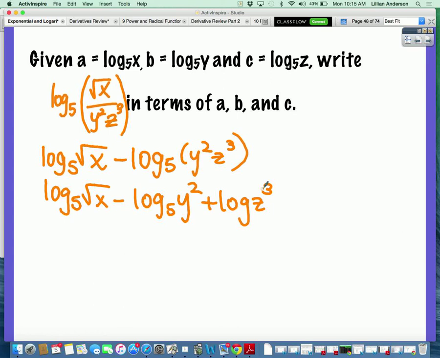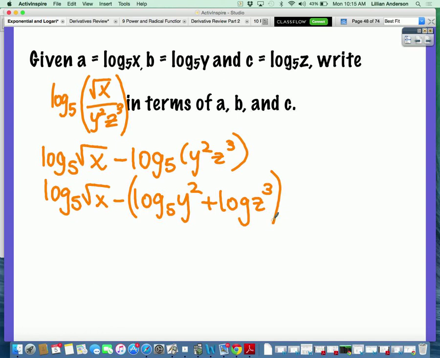So we've got to make sure that when we read from left to right, it actually is showing that we're multiplying y squared and z cubed in the bottom together. So what do I need here? I need some parentheses. Yes, you would need to do that.